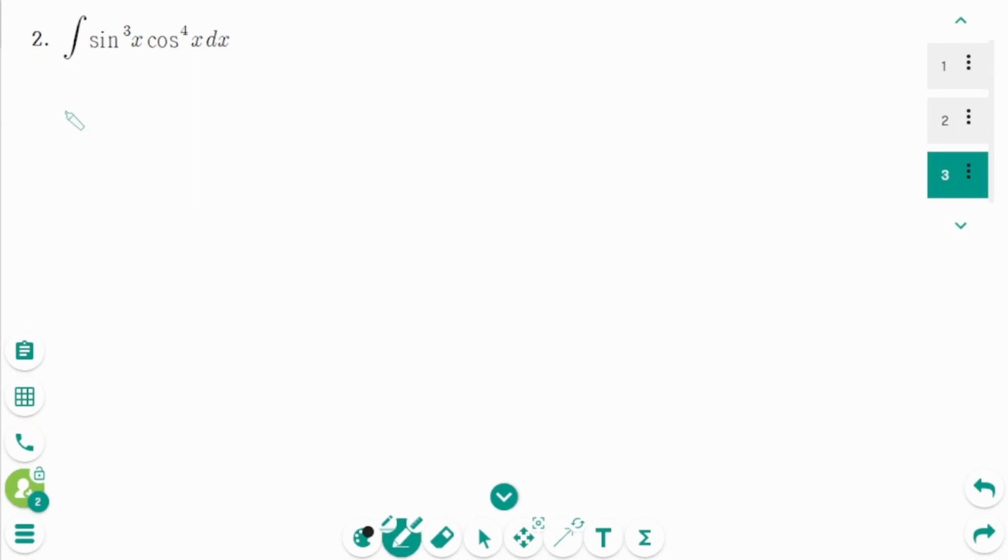Question 2. If the power of sine is odd, then we can rewrite as sine squared x times sine x. Save one sine factor for du, and then cosine to the power of 4 x dx. This part is du.